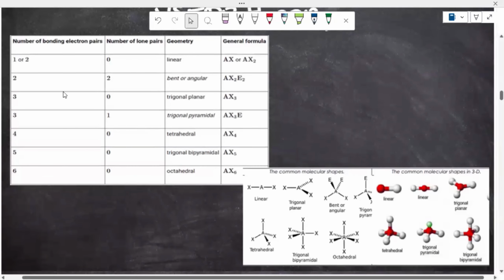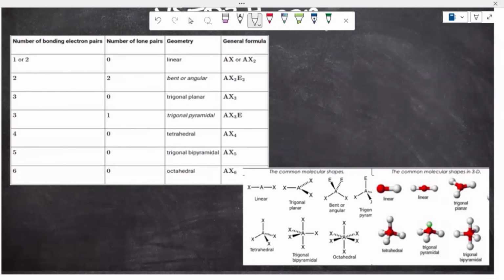Whereas if we move on to our bent, we're still working with two bonding pairs, but now we actually have lone pairs. So like I said, those lone pairs are going to shape your molecule, because now there's going to be a force of repulsion, right?